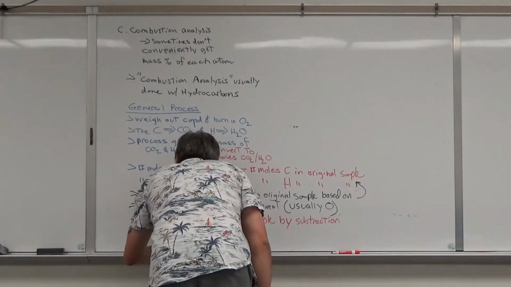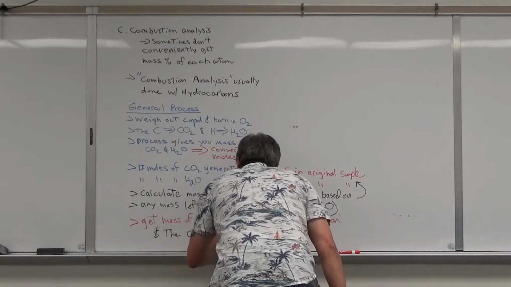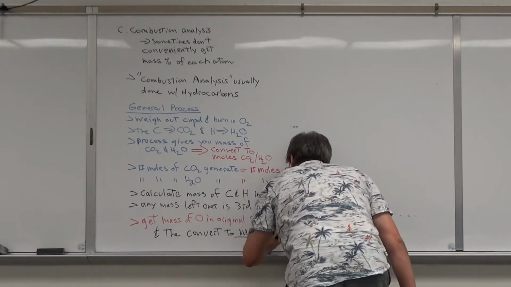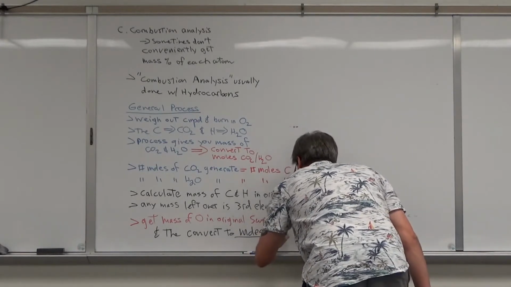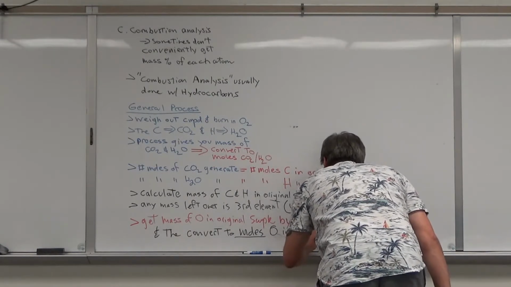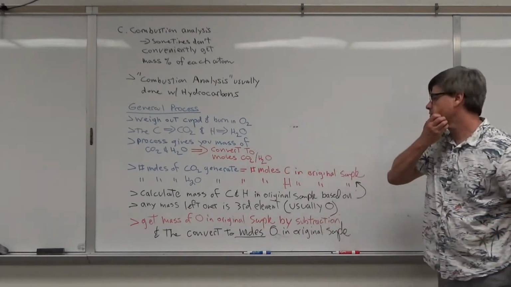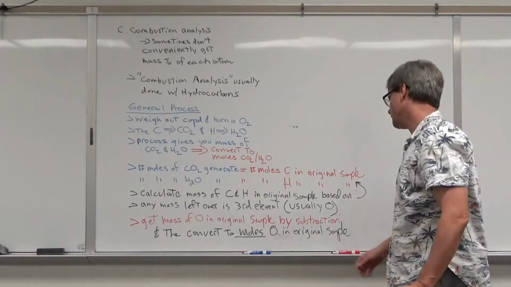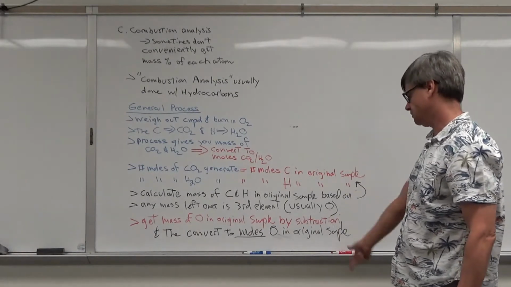And then convert to the moles of oxygen. Now, that should be a big O. And then, through this long tail, you may not realize it, but you're home free. Now you have the moles of carbon, the moles of hydrogen, and the moles of oxygen.